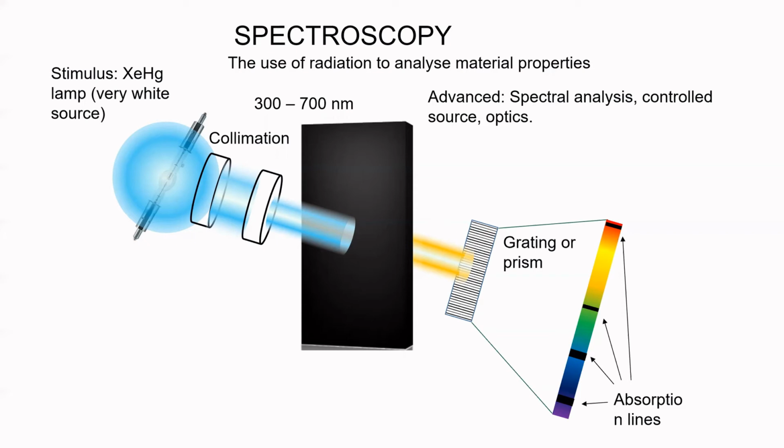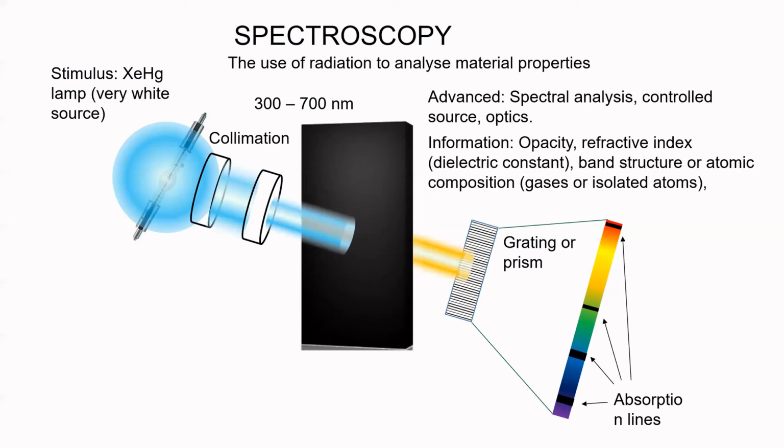And then we need to separate out the different components of that transmitted light. So you might use a prism, or a grating, so that you can detect individual frequencies or wavelengths separately. And in this sort of experiment, what you'd probably be looking for is absorption lines in the output.